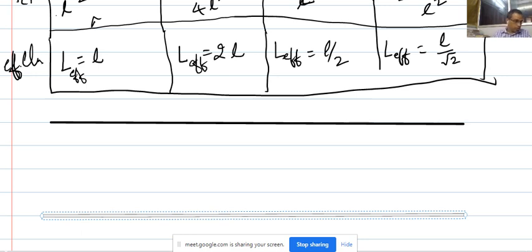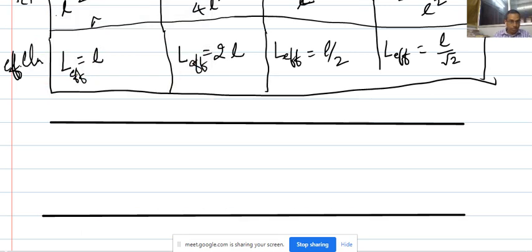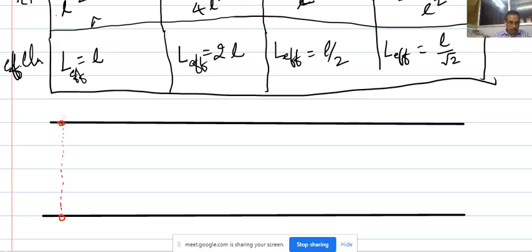Now I will draw a column: a straight column having a hinge here and a hinge here. This is my ideal column. Now if I try to draw the buckling shape of this, something like this. This is the buckling shape of my column.